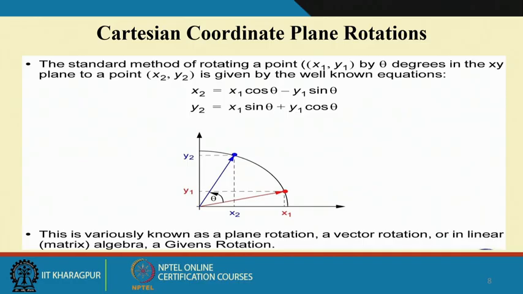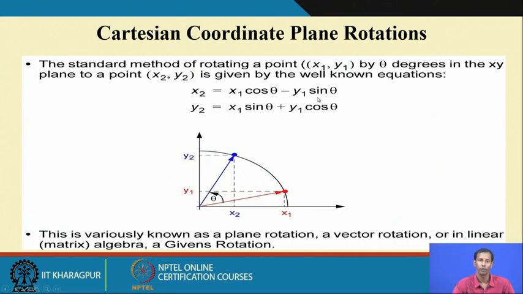Suppose I have a vector x1, y1, and another vector shifted by the angle theta, whose position is x2, y2. Then x2 can be written as x1 cos theta minus y1 sin theta, and y2 as x1 sin theta plus y1 cos theta.